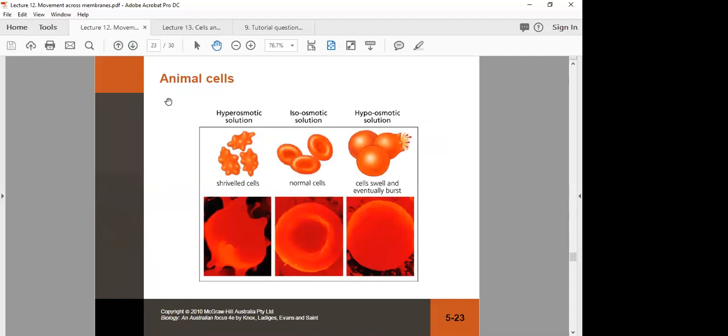All right, so let's start with animal cells and those three different types of solutions. This is all very relevant to a prac that some of you have already done, the cell membranes prac, and some weekly prac students will be doing in 2 weeks' time. So what happens when we place an animal cell into a hyperosmotic solution?